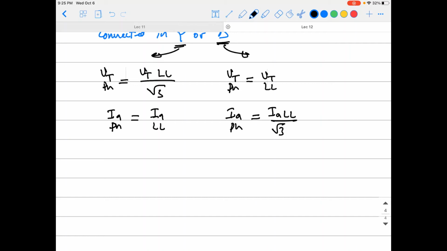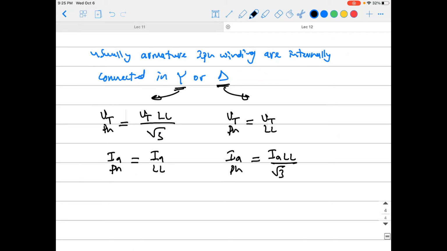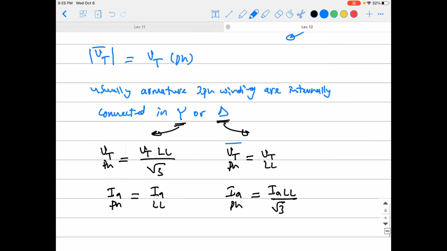Okay guys, make sure I'm talking here about just the magnitudes of everything here. So I'm not using the dash on top like this, because I'm not talking about the magnitude and angle, rather I'm just talking about the magnitude.